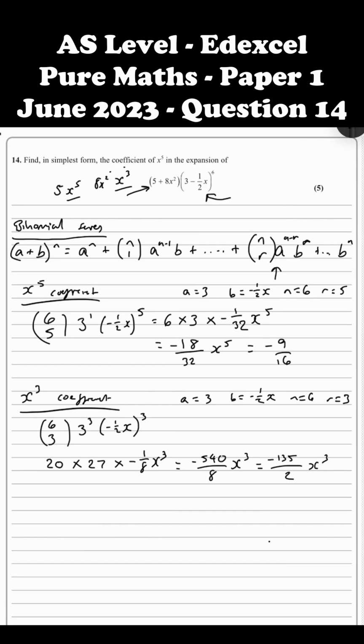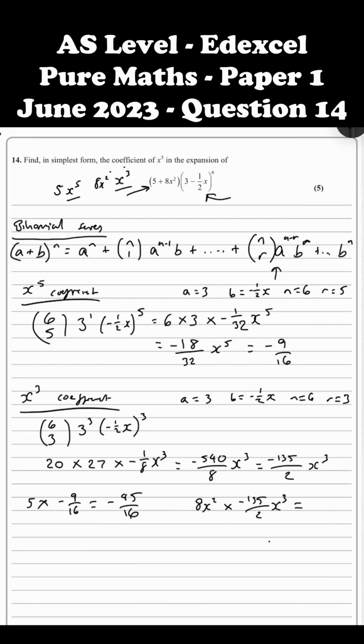So, like I said earlier, we now need to basically do 5 multiplied by the x to the 5 term, which is minus 9 over 16, which gives us minus 45 over 16. And we need to do 8x squared multiplied by the minus 135 over 2 x cubed term. On my calculator, I'll just do that.